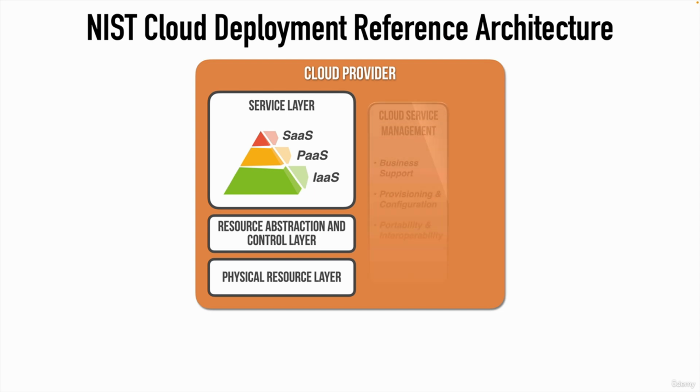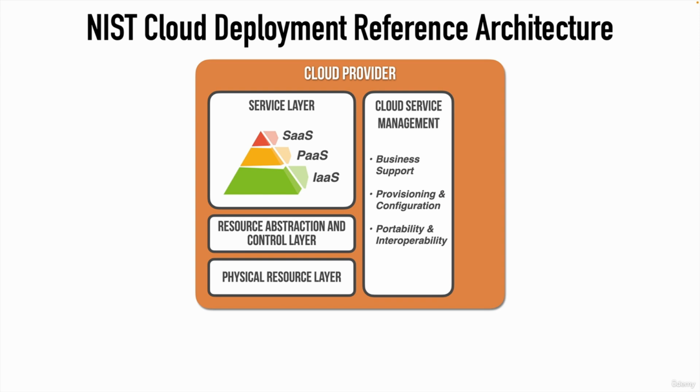So basically, this is the management and maintenance of the entire physical infrastructure that they use for hosting their services. We also see cloud service management here as well. This encompasses everything that is service related in regard to the way that the provider interfaces with the customers. We see business support capabilities, which would include accounting, pricing, and general customer management. We also see support with provisioning and configuration, meaning that they are monitoring resources and ensuring that the customers are receiving the service they are expecting and paying for.